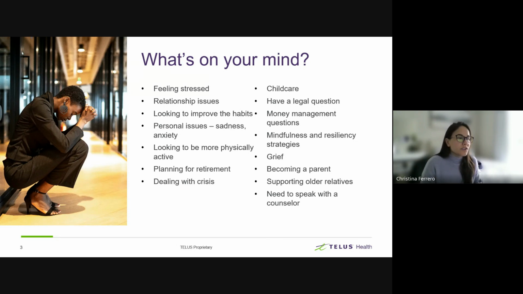We want you to feel supported and have a place to go to get additional help or resources, or just someone to talk to. So this is an example of the different topics that we can help with.